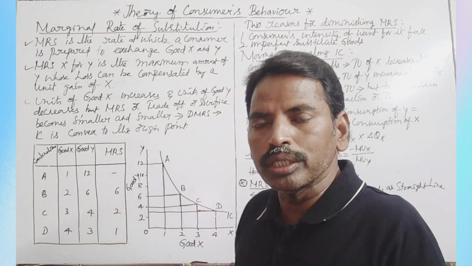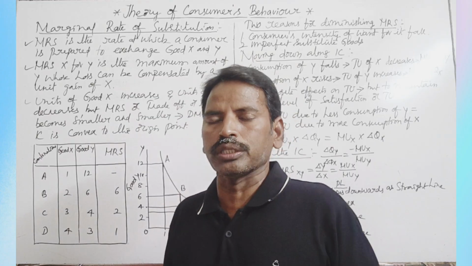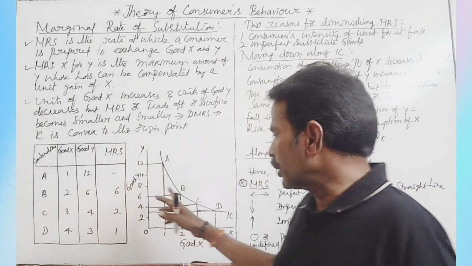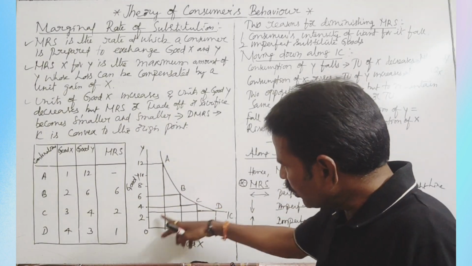This is called diminishing marginal rate of substitution. That is why IC is convex to the origin. Very, very important point.